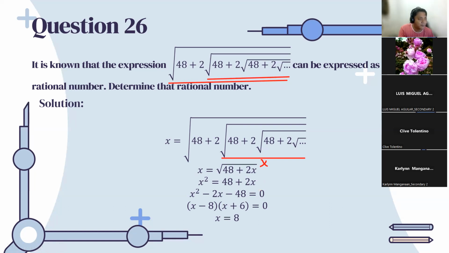So how come I only have one answer? Okay, so we don't accept x is equal to negative 6 because of the principal root. Also, if you check the values in the middle, they are all positive integers. So that means that if you were to simplify that one, it would be positive.